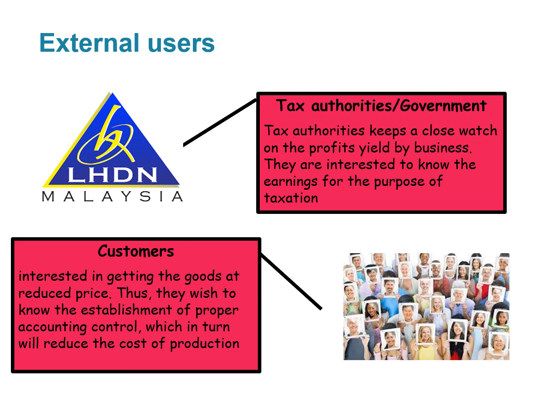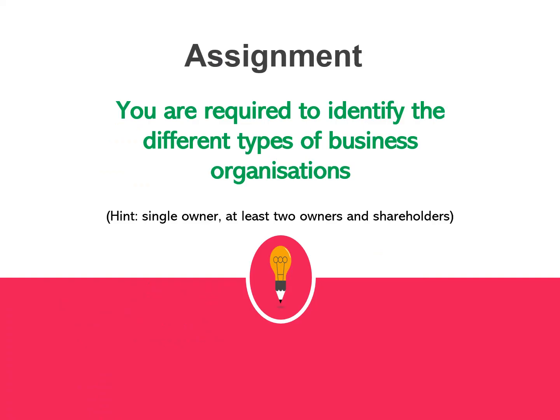So therefore, class, from the above explanation, it can be seen that the nature of financial statements will very much depend upon the needs of the users for which they are prepared. Every user will have different interests. Therefore, they will use the financial information as a measurement to make their economic decisions.